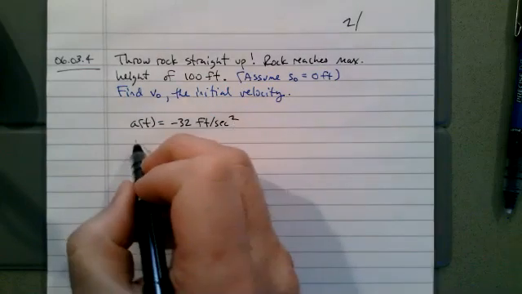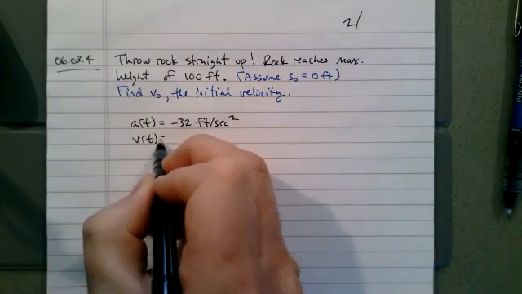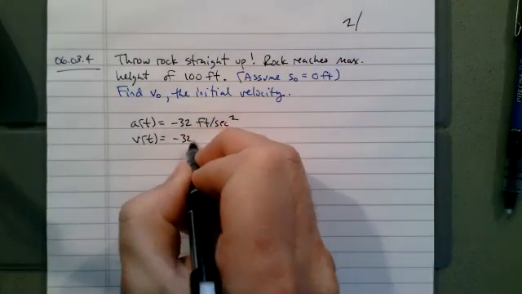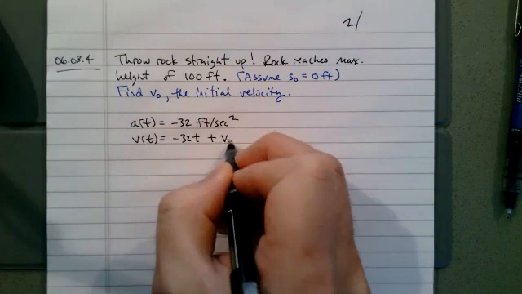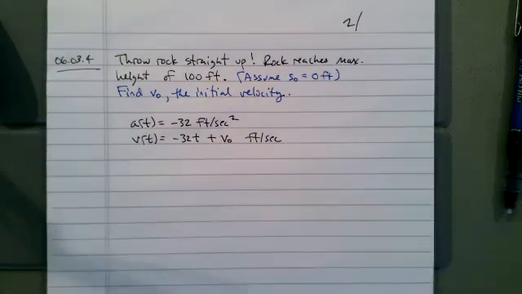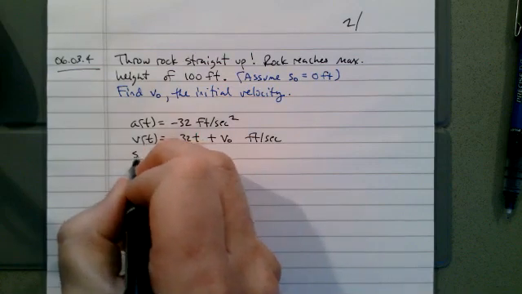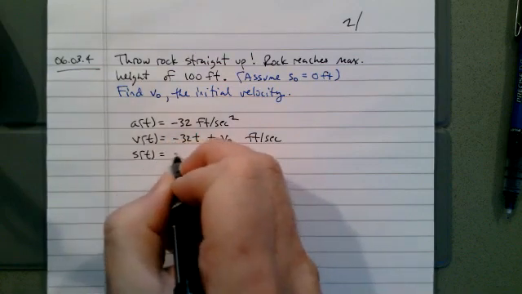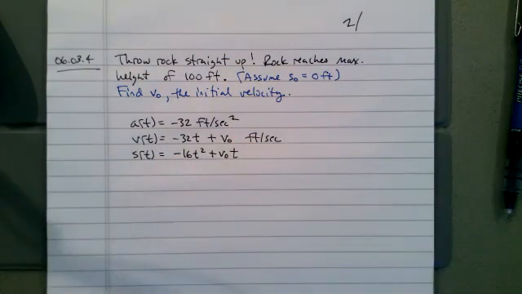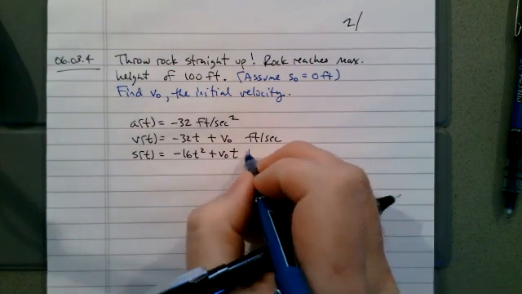Our velocity will be the antiderivative of a of t, so negative 32t plus the v naught we're looking for in feet per second. The information that we have is about a height, 100 feet, so we're going to have to integrate again. We find s of t is negative 16t squared plus v0t, and then plus 0 because we're assuming that the rock launched itself from the ground.